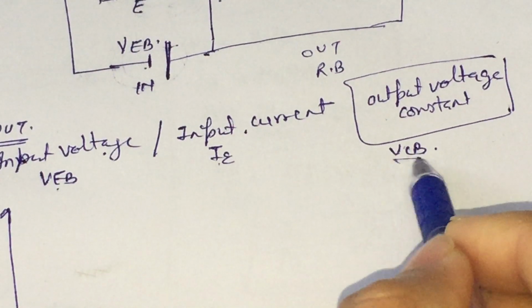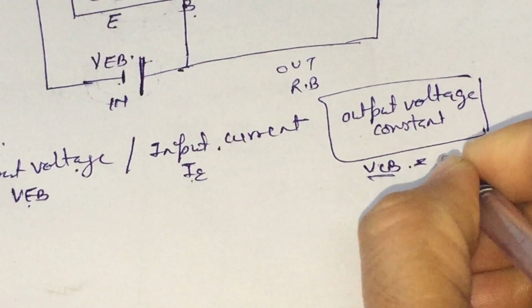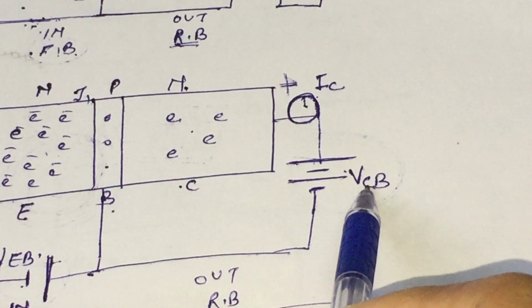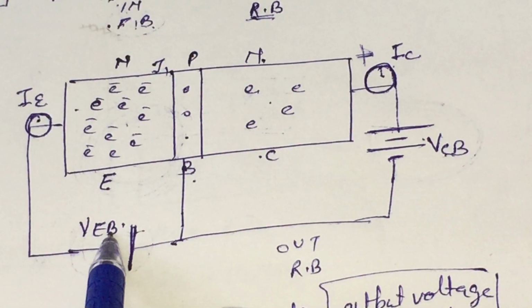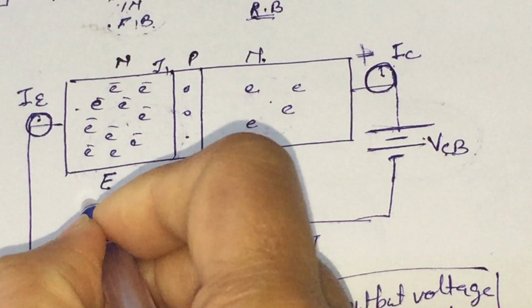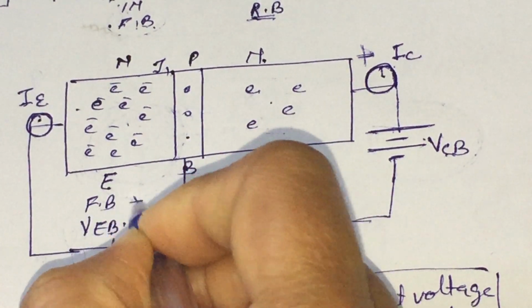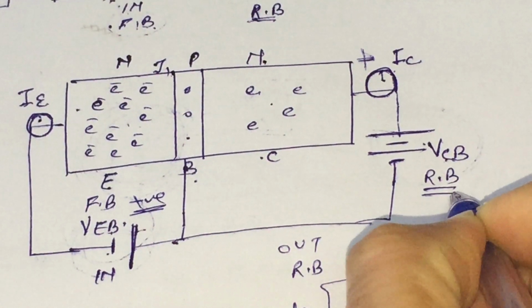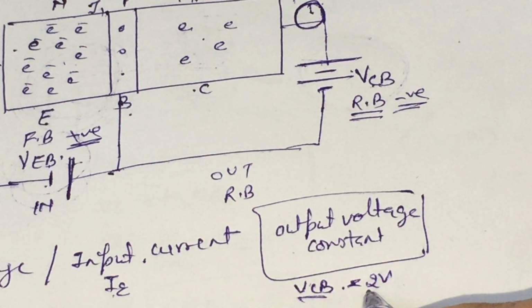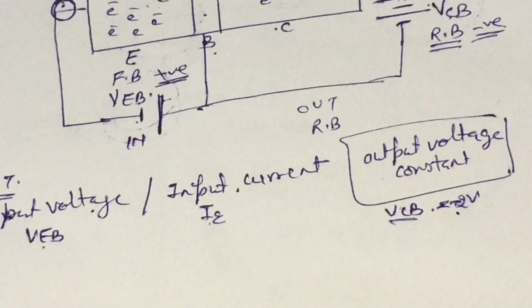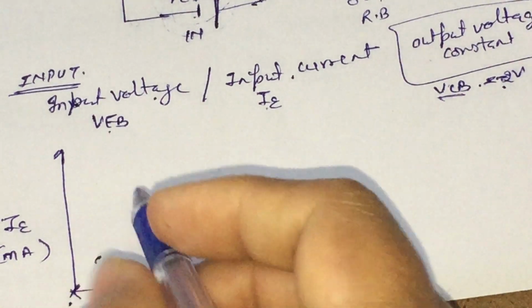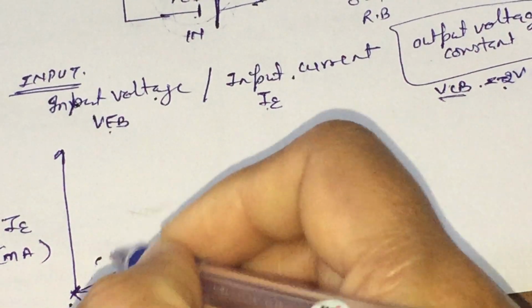If we are taking VCB as 2 volt, then we are considering our forward biasing potential as positive, so we have to consider our reverse biasing voltage as negative. So we put a negative sign, and this negative sign shows that the output voltage is providing reverse biasing to our terminal.